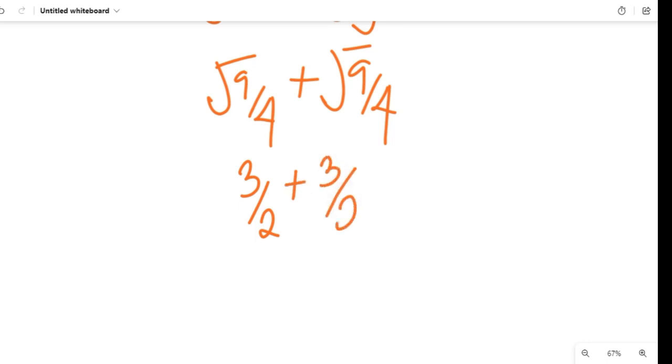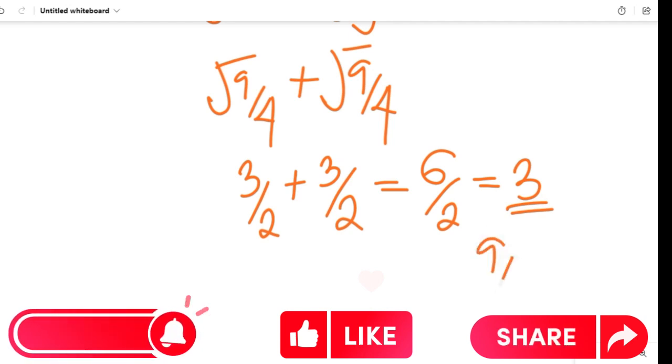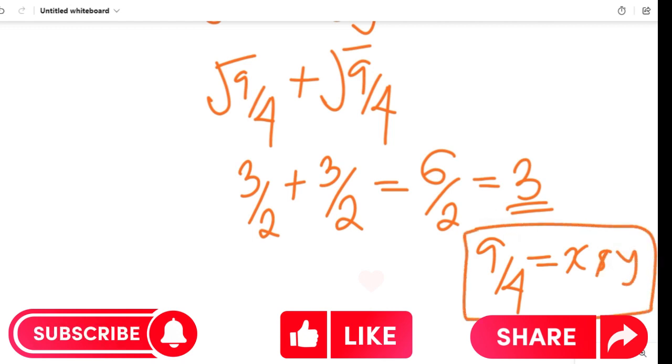They have the same denominator, so the numerators add. That gives us 6 divided by 2, which is equal to 3. So the values x and y equal to 9 divided by 4 truly satisfy the equation given above.